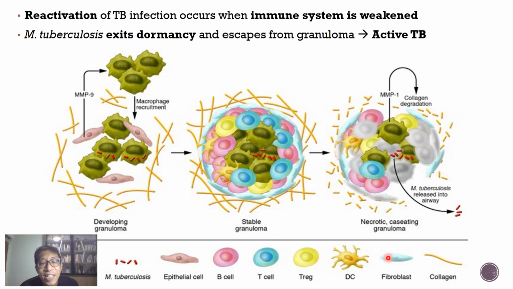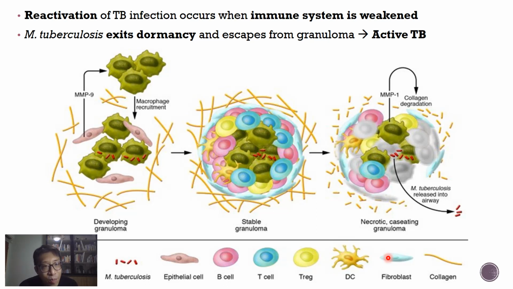That's when it transits to active TB, and this happens to about 10% of people that get infected with TB. Most people will just have latent TB, but about 10% will develop active TB.